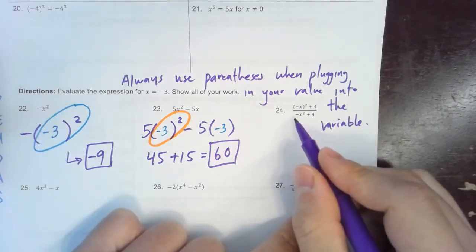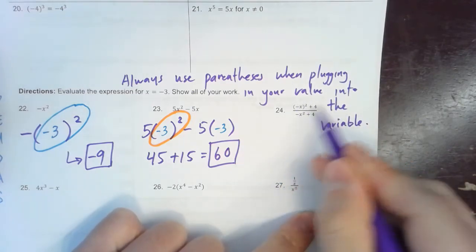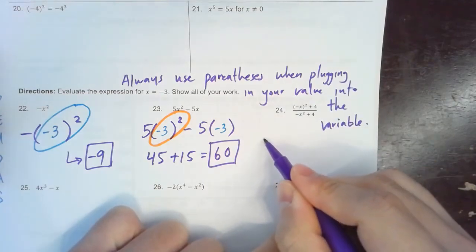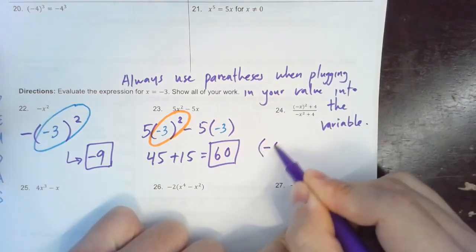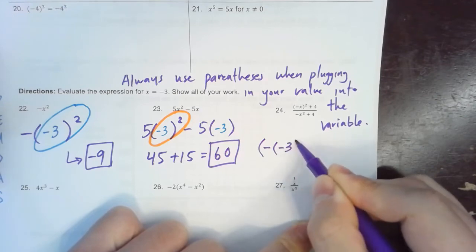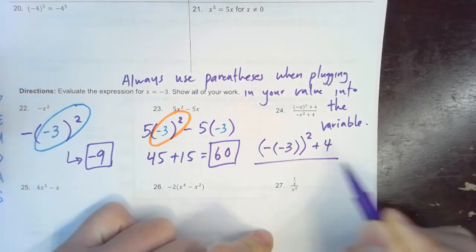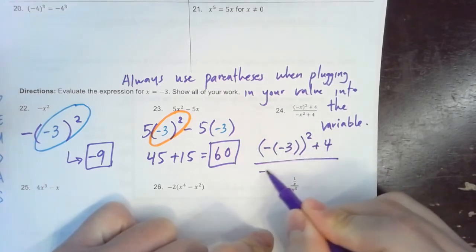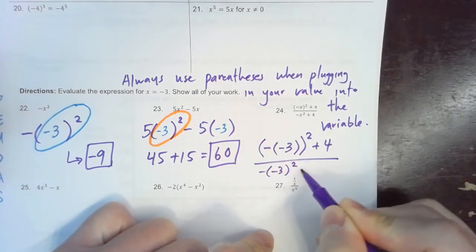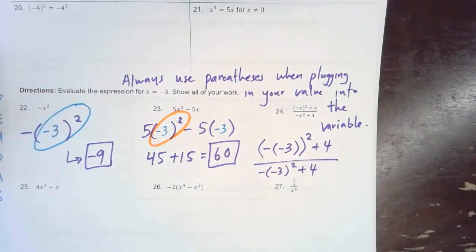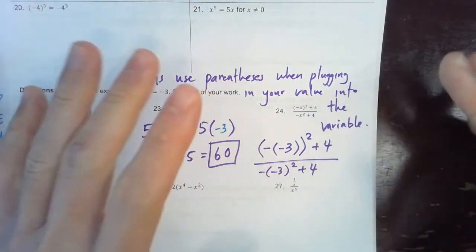Okay, 24 is a little bit intimidating because there's like so much going on, but I'm gonna go ahead and write it as parentheses negative 3 squared plus 4 all over negative parentheses negative 3 squared plus 4. It looks so similar, the top and the bottom are just kind of mind-blowing, like what am I doing, right?